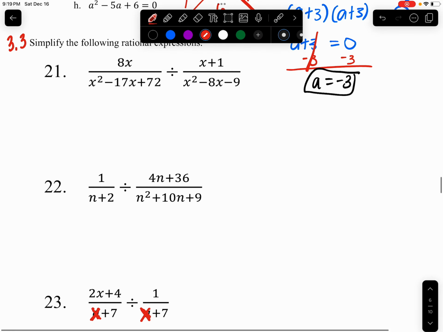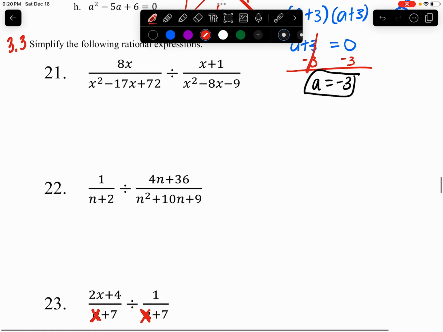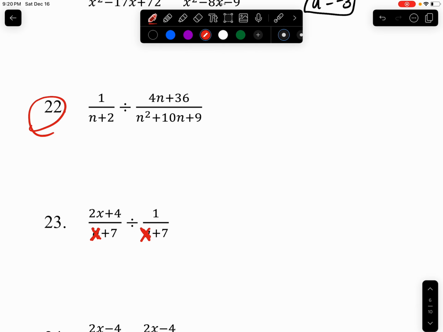Let's do number, we got 21. Actually, no, it's number 22. For number 22, we are dividing rational expressions.